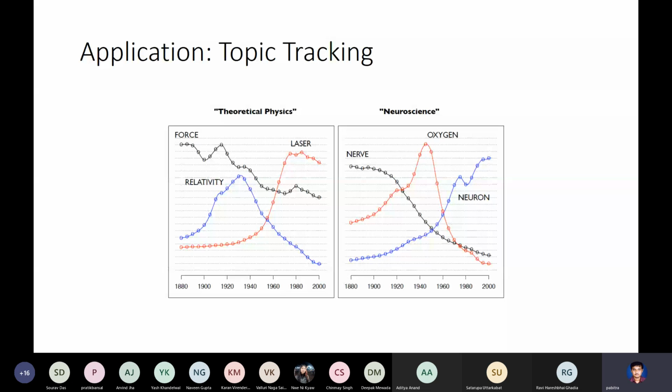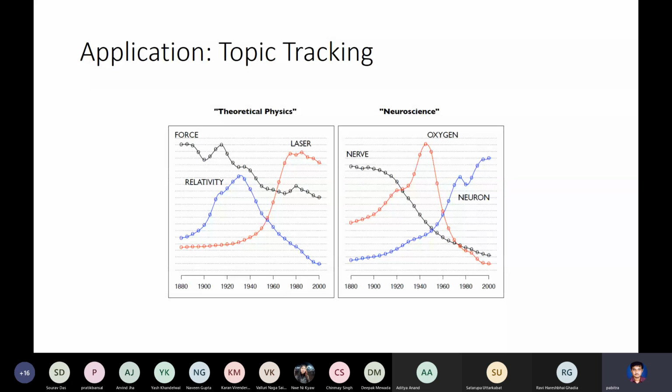How many documents have these as the dominant topics over the years? This is actually very popular in all the news analysis and opinion analysis that Facebook and other news media do. They look at a particular topic and then see how the popularity of this topic among the articles published changes with time.